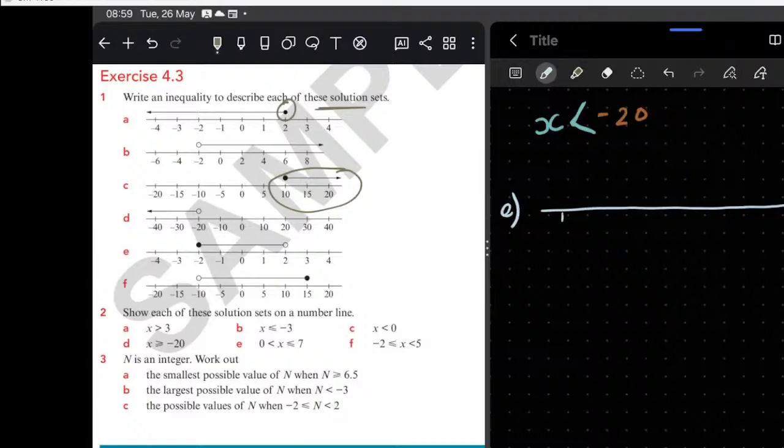We put our number line: -4, -3, -2, -1, 0, 1, 2, 3, 4. Now this time, look at what it's like. It has 2 circles now. So this is the easiest version.